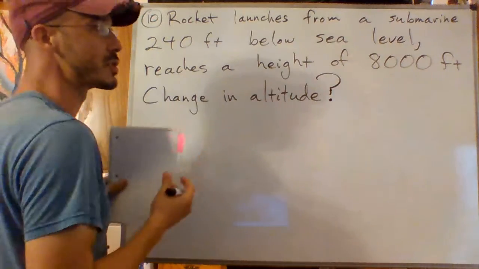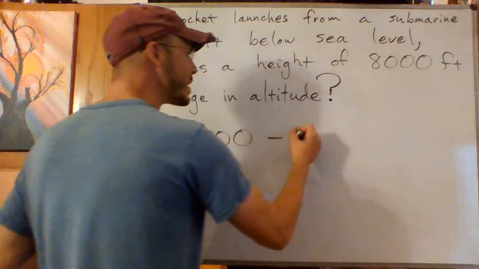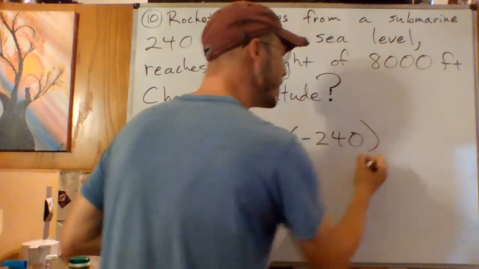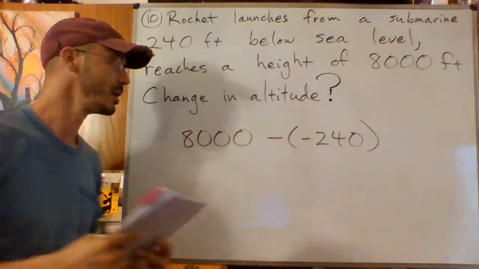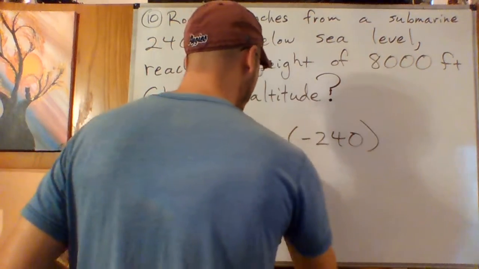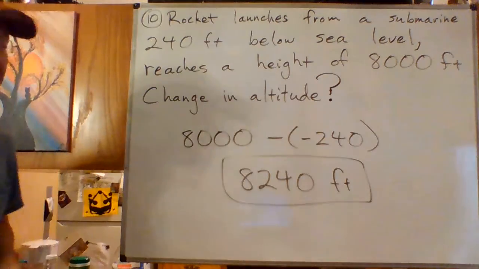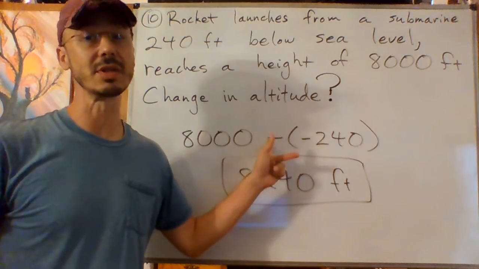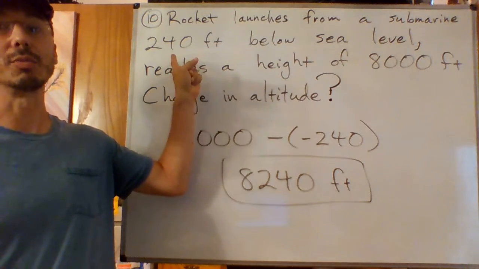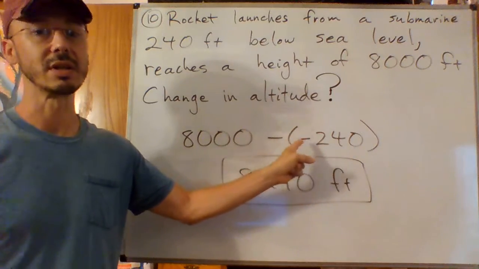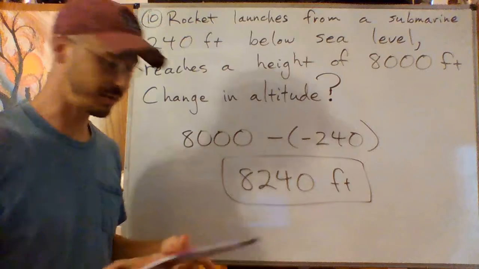If we look at the difference of the two, 8,000 feet minus negative 240 feet, you can kind of see what's going to happen here. I'm really adding that 240 to get a total of 8,240 feet as my total change in altitude. It's the difference of the two altitudes, yes, but you have to keep in mind that this original one, the starting point, is actually a negative altitude. So I'm subtracting a negative.